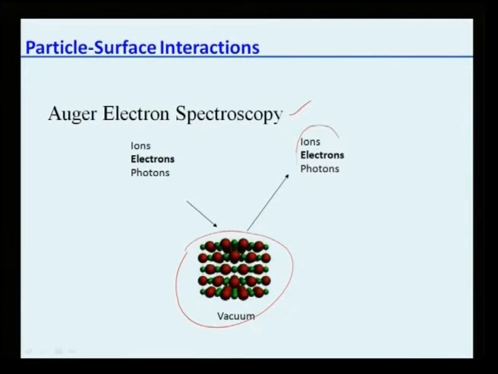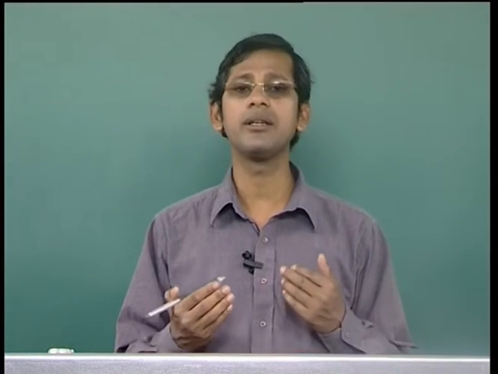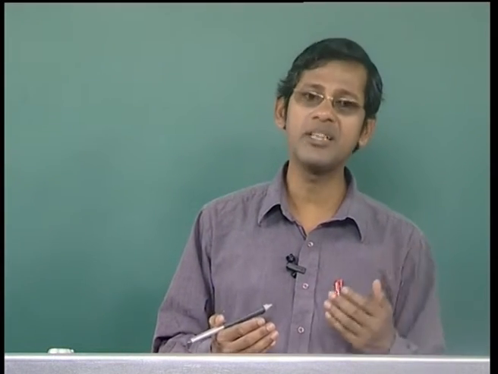And if we analyze what is generated because of this interaction process, we can get a lot of information about the atom. That is the basic principle of any spectroscopic technique, whether it is electron energy loss spectroscopy or XPS or Auger. So an interaction between the surface of a material and an incoming high energy radiation source, generating other radiation like ions, electrons or photons, is the basic thing of spectroscopy.